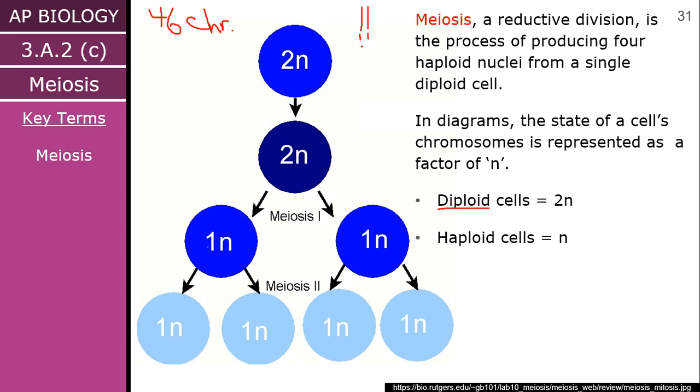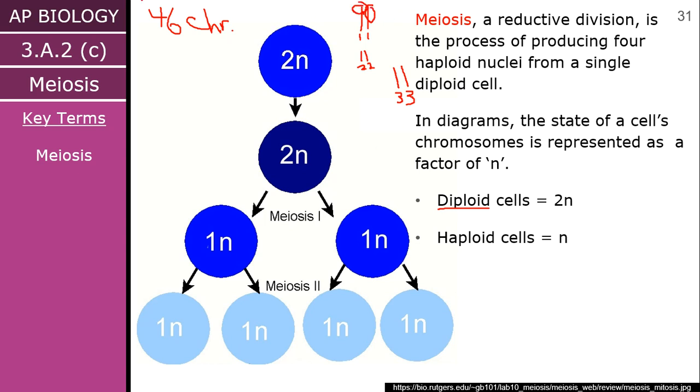I have two copies of chromosome 2. Maybe it looks a little shorter. So here's 2. I have two of those. And I have two copies of chromosome 3. Maybe they look a little longer. And then I keep going and going until eventually I have 46 total chromosomes. So if this is a chromosome right here, and this is a chromosome, both of these are chromosomes, then there's two.